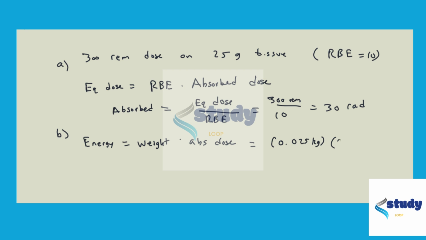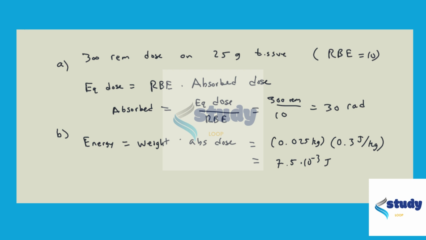And converting rads to joules per kilogram, we find that this is 0.3 joules per kilogram. And this gives us a total value of 7.5 times 10 to the minus 3 joules. This is how much energy the person absorbed.